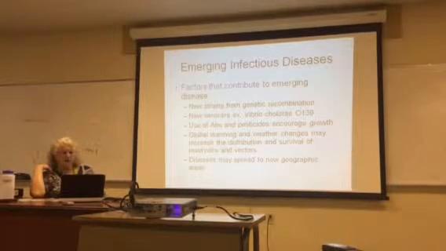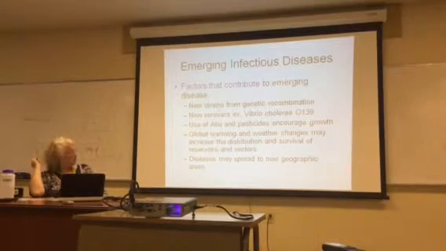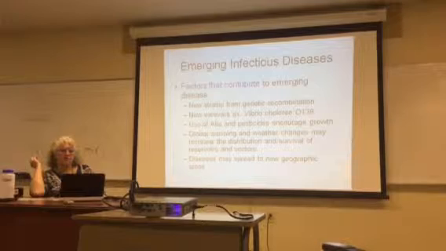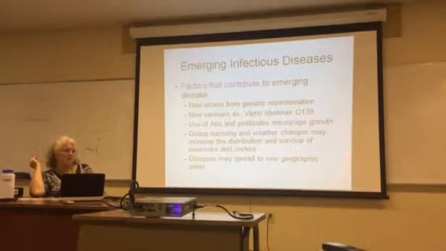The use of antibiotics or pesticides encourages the growth of pathogens, and global warming and weather changes increase the distribution and survival of reservoirs and vectors, and diseases spread to new geographic locations with the invention of the airplane.